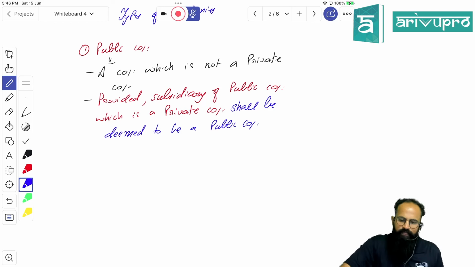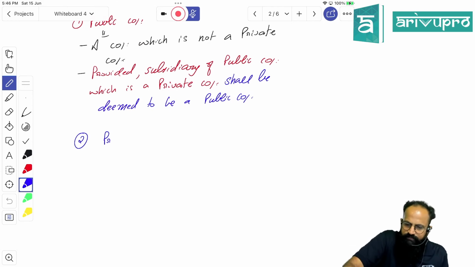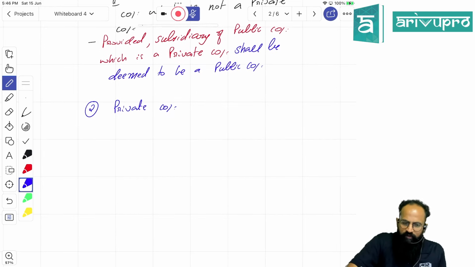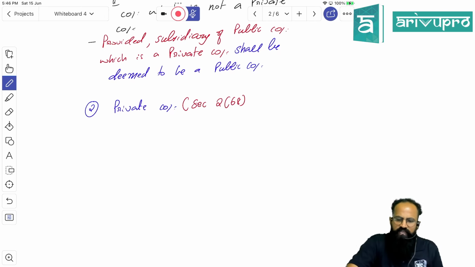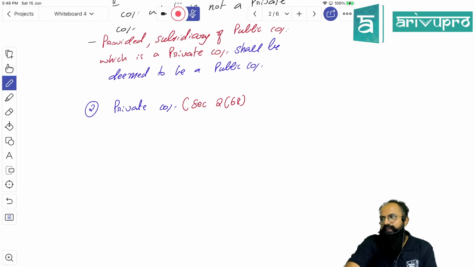The next type of company is called a private company. What do you mean by a private company? A private company means which is given under section 2 clause 68. See, there is a reference for private company. We are seeing the definition of private company here only.